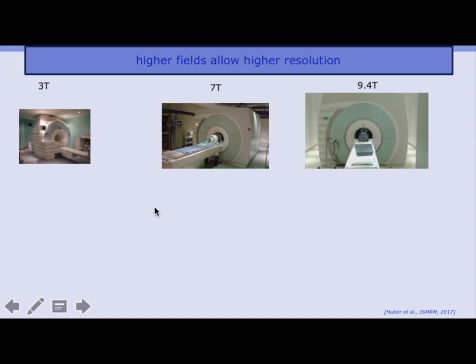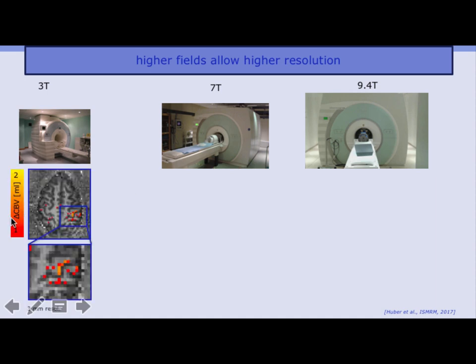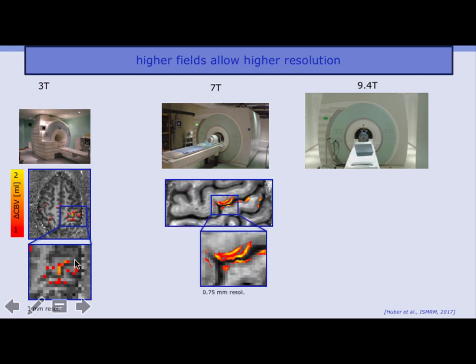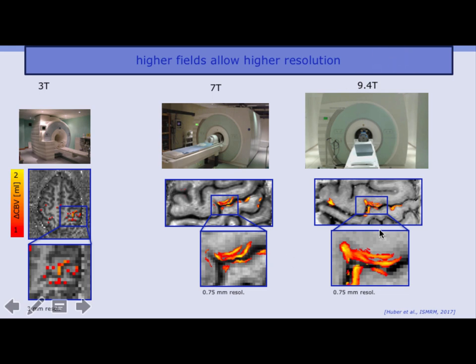And for me, high field strength is really the game changer. I'm particularly interested in blood volume fMRI, where at 3 Tesla, at 3 millimeter resolutions, I just barely exceed the detection threshold. While 7 Tesla is a whole different world. You can go to 0.75 millimeter resolutions and start to see these striping patterns. And you might even get more performance at 9.4 Tesla, but it also comes along with more and more challenges.